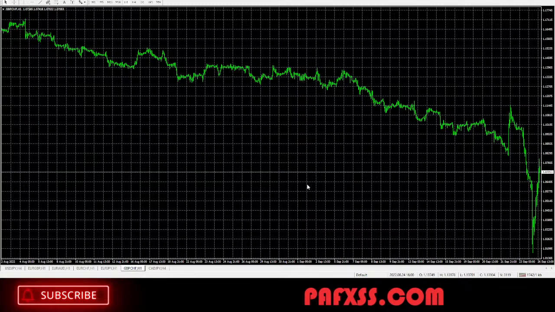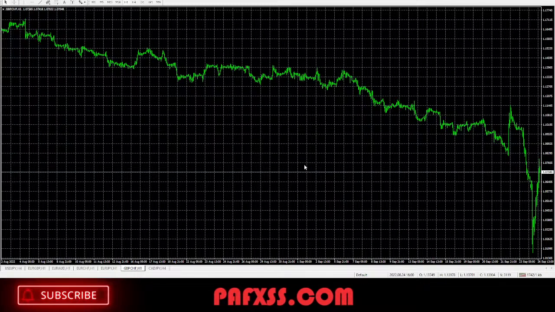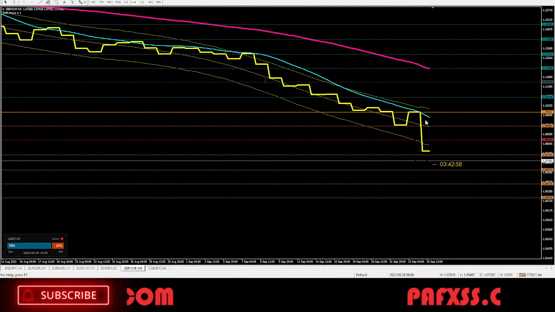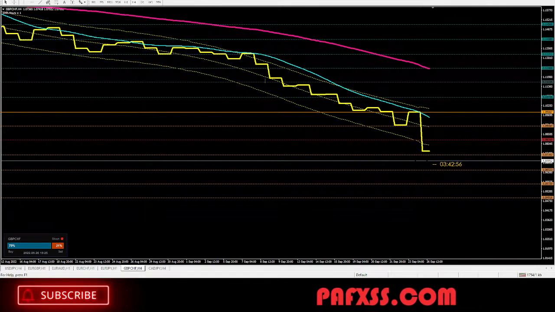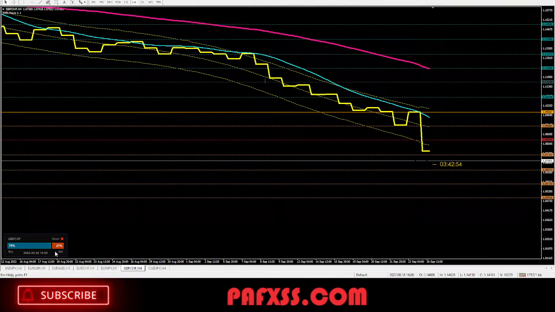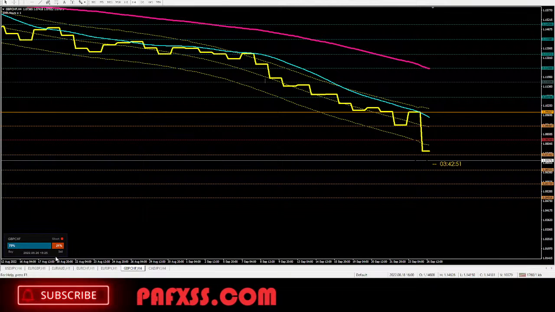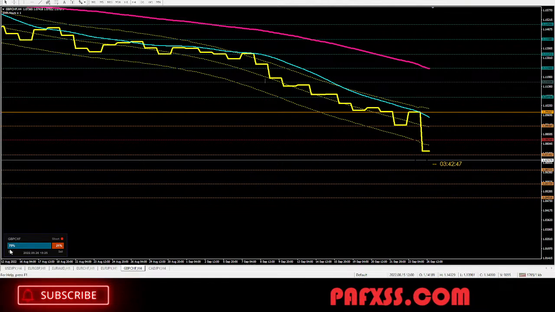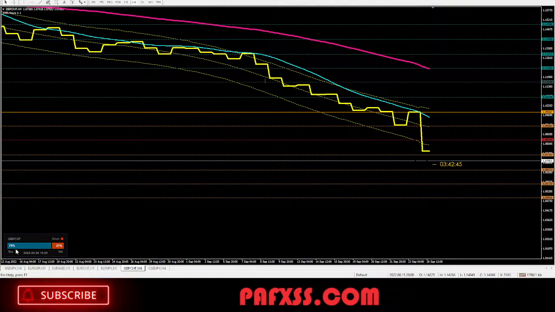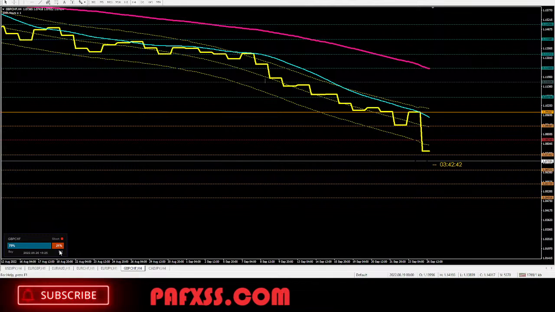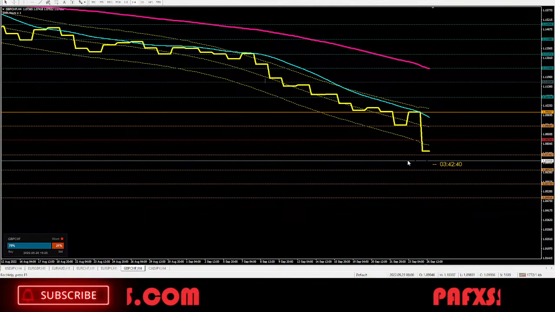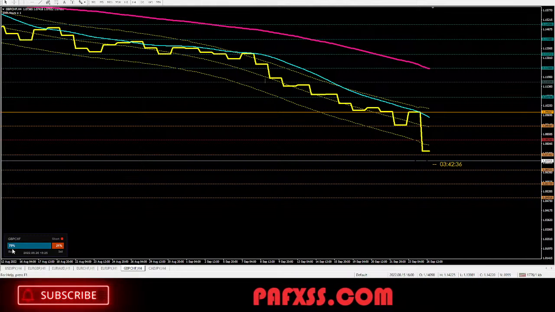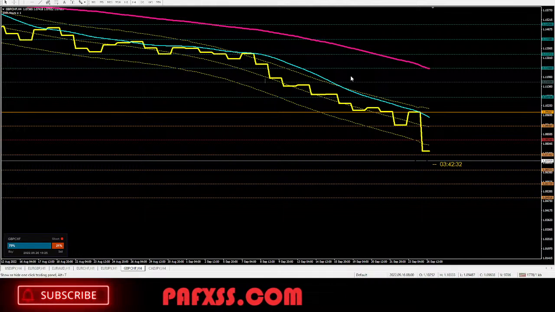This one is GBP CHF. This one, no, it's a no-go. Look what happened: 79% of people are buying on GBP CHF and 21% are selling, and you see it's dropping. 80% of people are losing money.